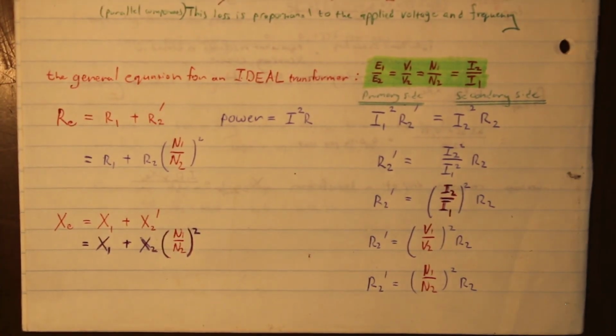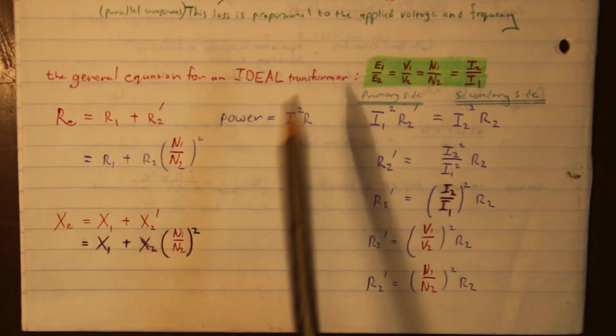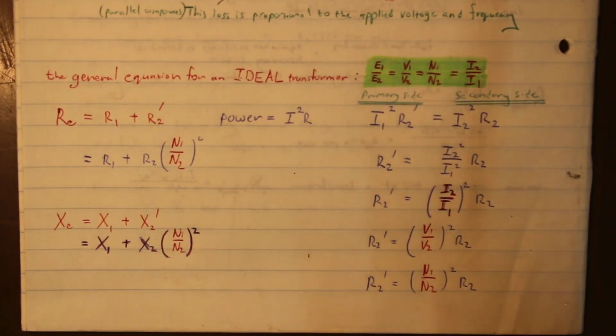What I've done here is I've written down the general equation for an ideal transformer, like you did earlier, when you just had a primary voltage, a primary coil, and a secondary coil and a secondary voltage. That was the ideal transformer, where there's no leakage flux and no resistance. So pretty much that kind of transformer doesn't exist.